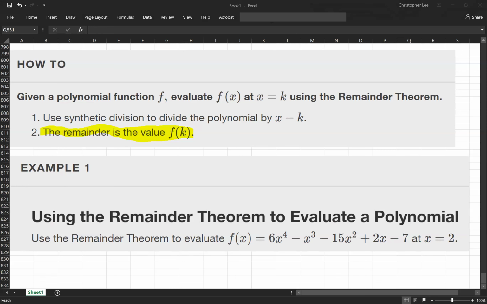Please and thank you. Use synthetic division, just find the remainder. That's all I'm asking here.